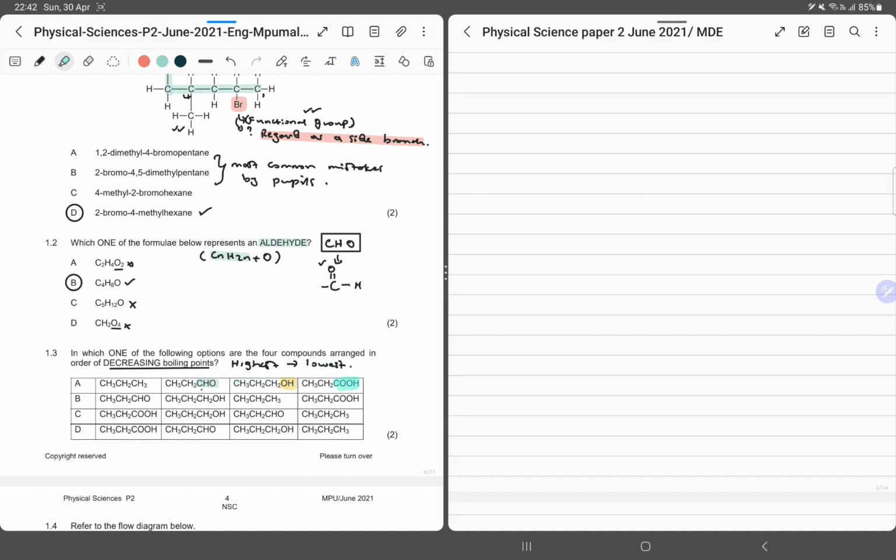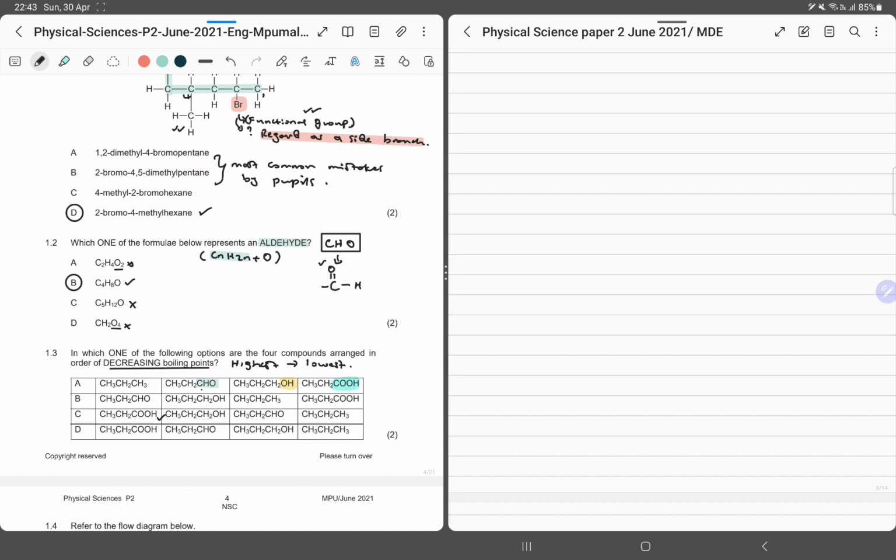And then this one has that COOH, the carboxyl group, for a similar chain length. So we've got an alkane, an aldehyde, an alcohol and a carboxylic acid. Obviously, for the same chain length, the carboxylic acid comes first.